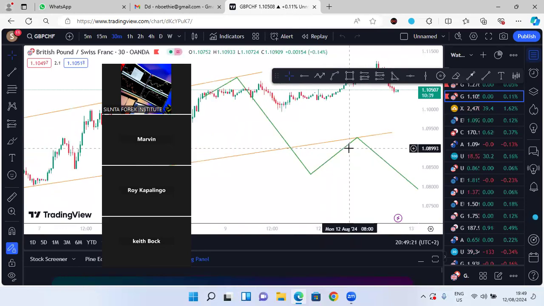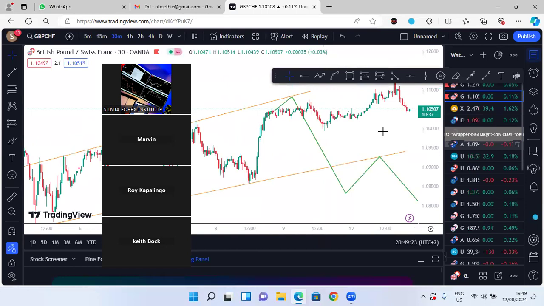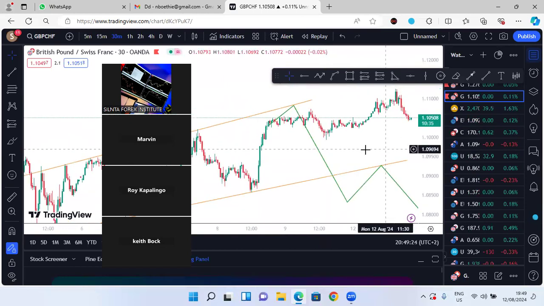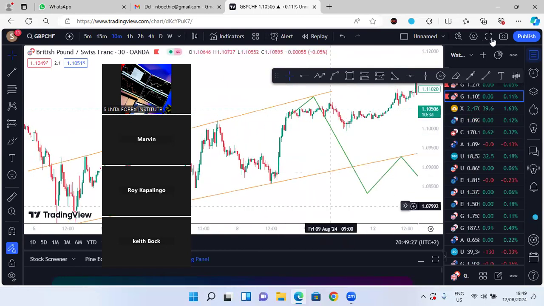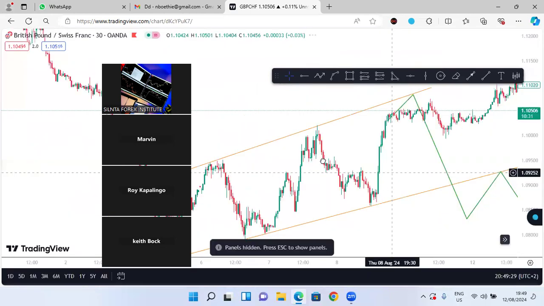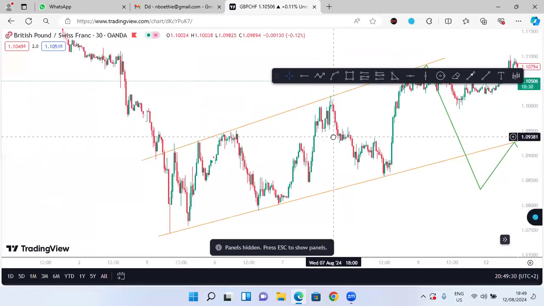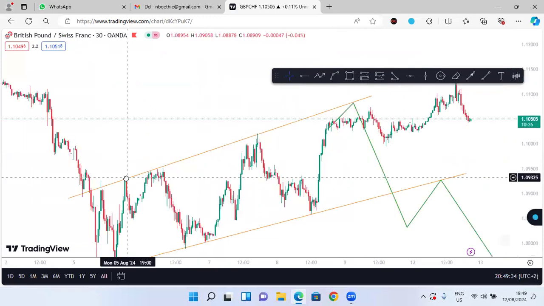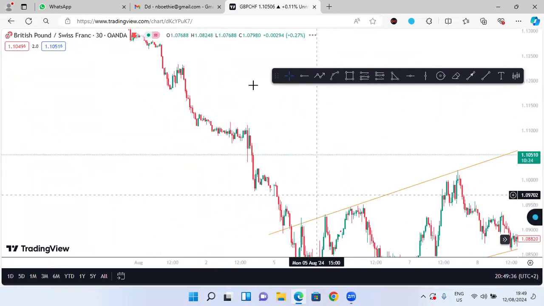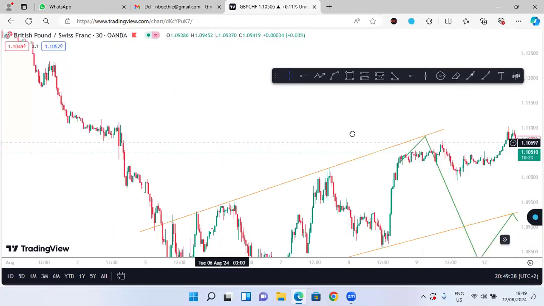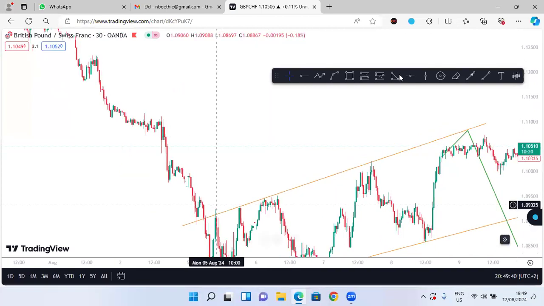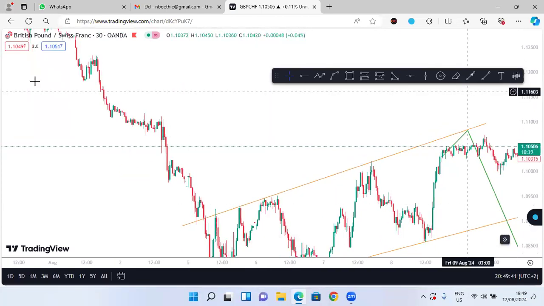So what we have right now, just as a quick example, can you see the difference here on how the price was moving?